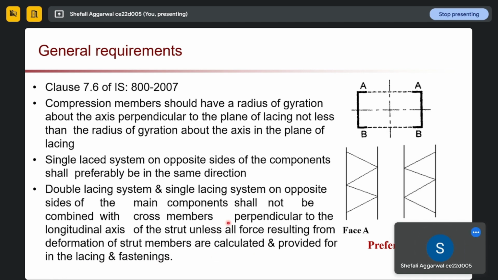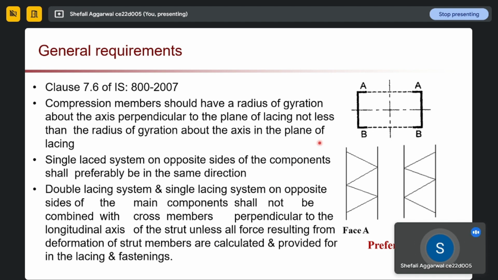Normally when we provide lacing on the opposite face as well, we should not combine this lacing with a cross member unless those forces are calculated and provided for properly.